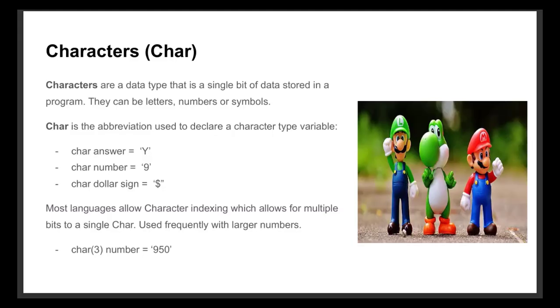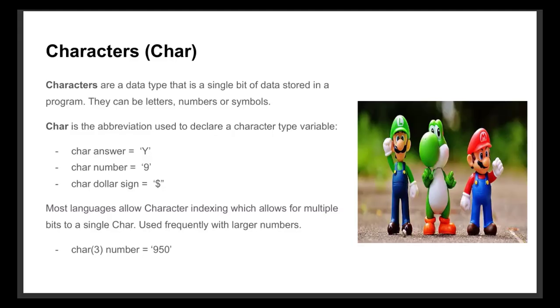And we can use characters to assign different variable values to each individual character that we can use within our programs. With characters, we can also use a feature called indexing. Indexing is when we can identify a specific character within a longer sequence of individual letters, numbers, or symbols.